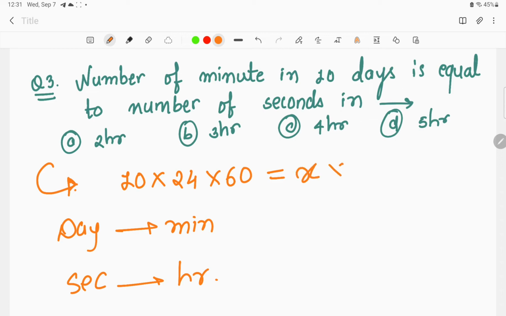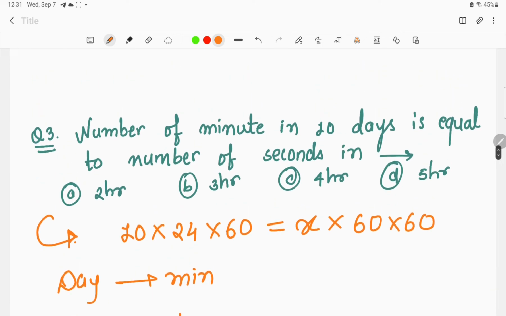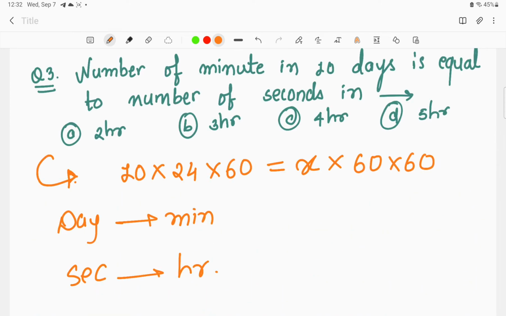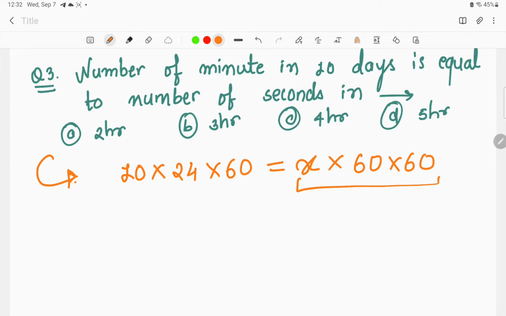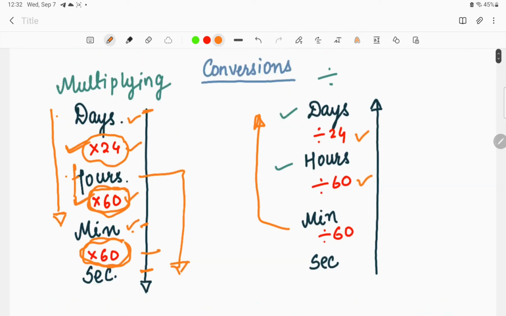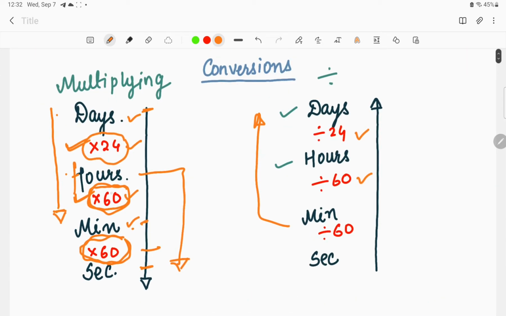So x is equal to x hours into 60 minutes into 60 seconds. So here what we will do is multiply it by 60 and again by 60 seconds.